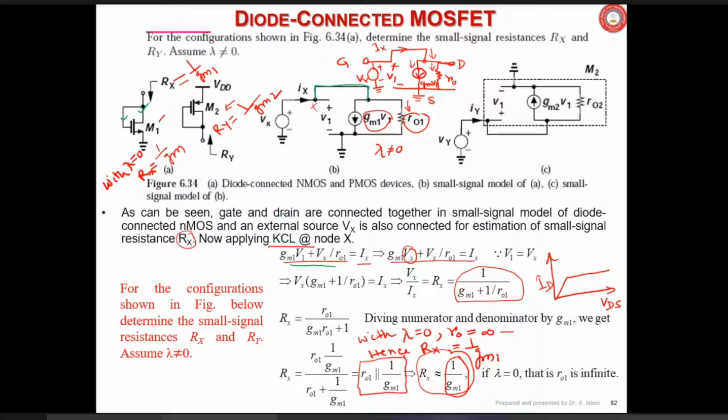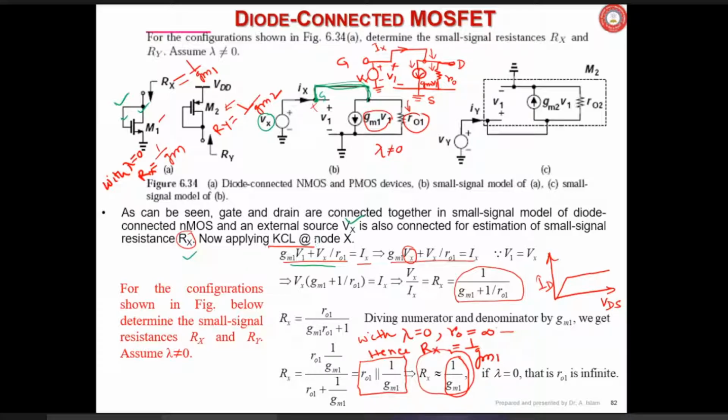The external voltage is connected here at the gate, and the gate and drain are connected because that is the way it has been connected. External voltage Vx is also connected for estimation of the small signal resistance Rx.